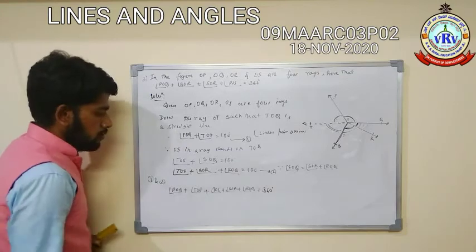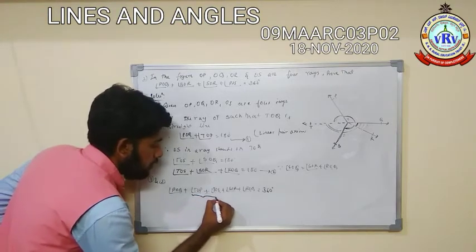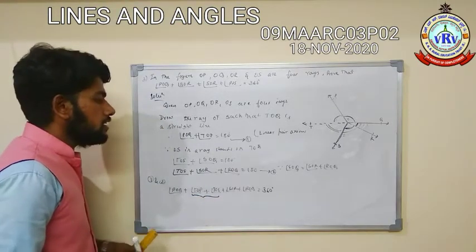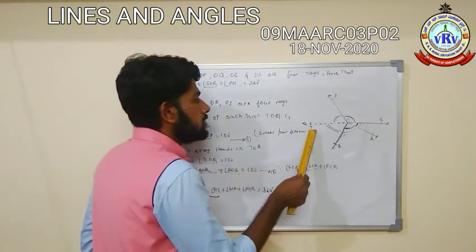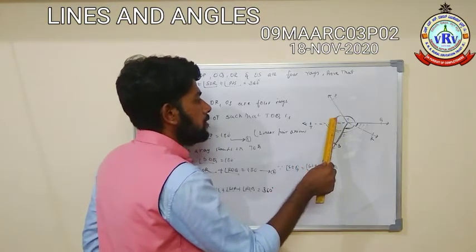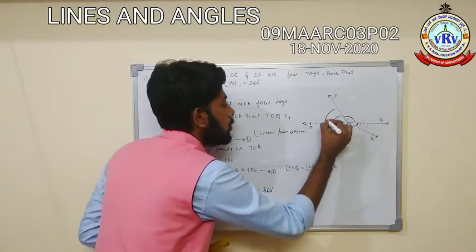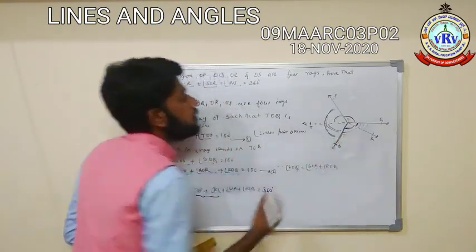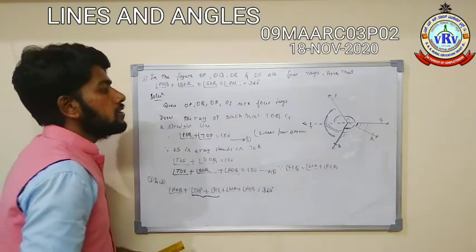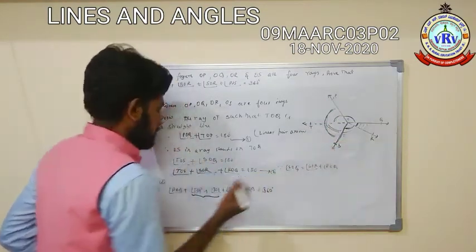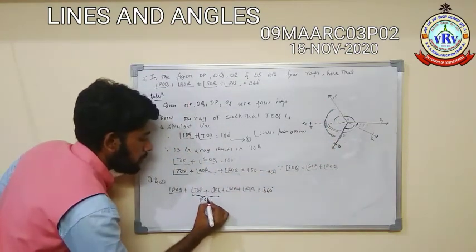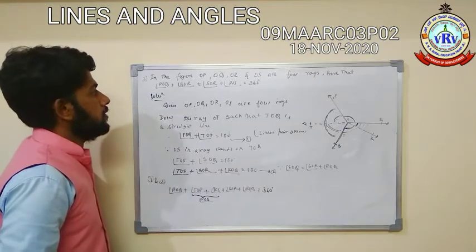Now look at this, TOP and TOS. What is that? TOP plus TOS. If you add these two angles, what you will get? You will get angle POS. So this is angle POS.